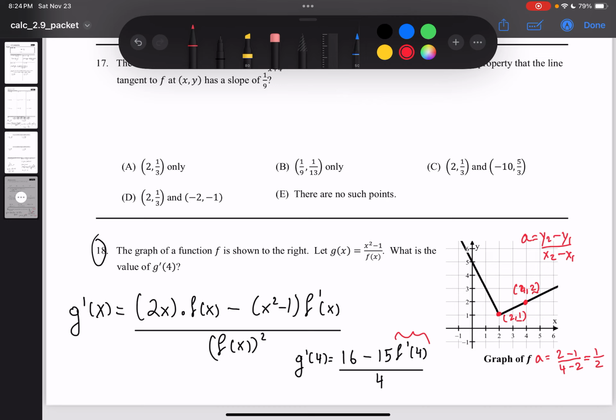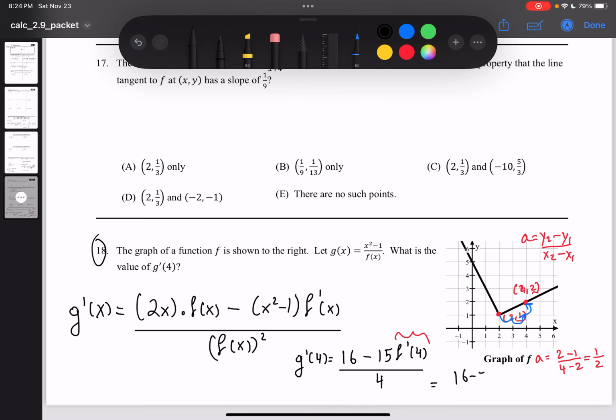So our slope is basically half. Or you can understand it in a different way, that every 2 steps you move to the right, you're moving 1 space up, so it's going to be 1 over 2. But basically the slope over here is 1 over 2, so f prime of 4 is essentially 1 over 2 as well. So now 16 minus 15 is going to be multiplied by half, which is going to be 7.5.